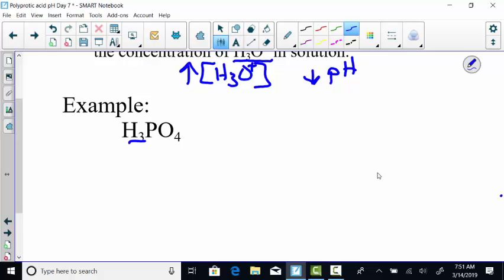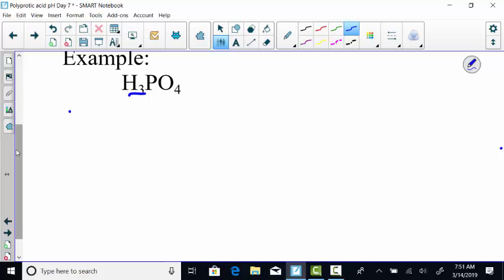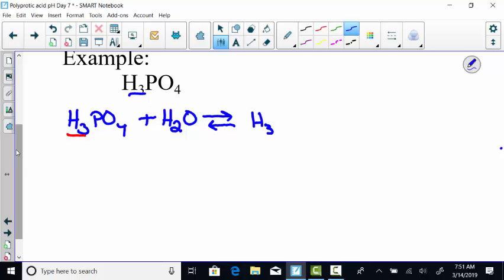What that would look like is this. If you have H3PO4, that's going to react with water. And this is a weak acid, so it will have an equilibrium. But only one of those hydrogens leaves, at least in the first case.